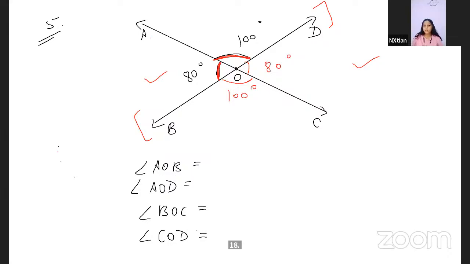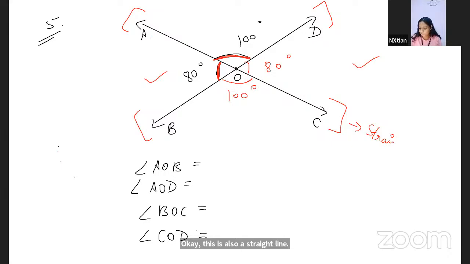Now take a look at this straight line AC. This is also a straight line. So again the sum is coming to 180. On AOC, we have two angles. What are they?